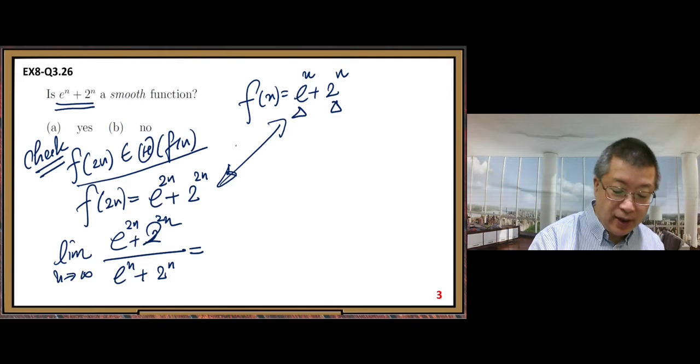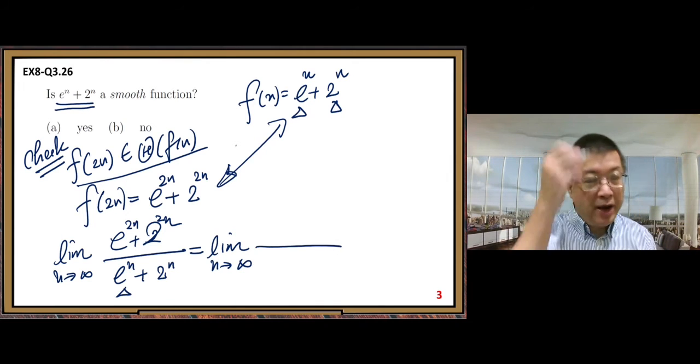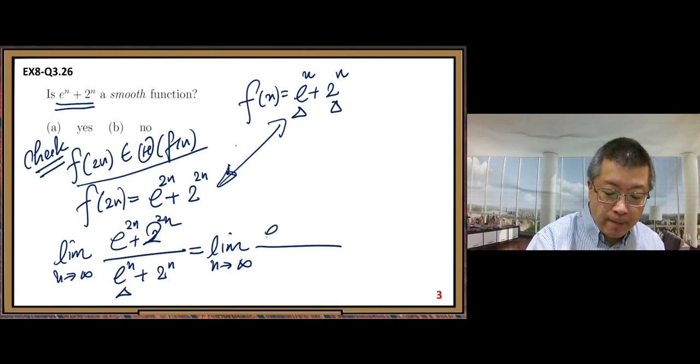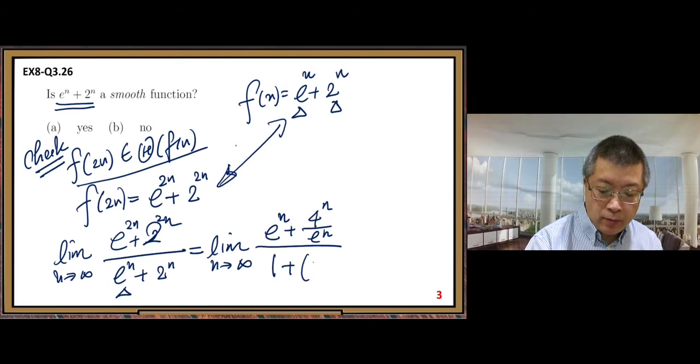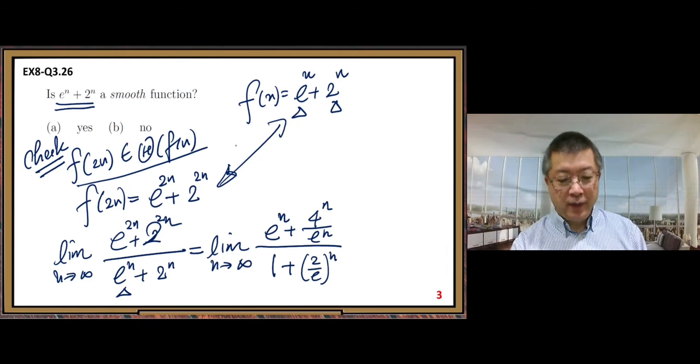Let me divide top and bottom by e to the n. So we get e to the n plus 4 to the n over e to the n, over 1 plus 2 to the n over e to the n.